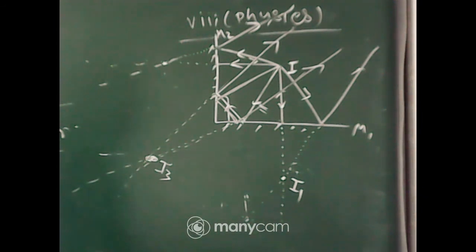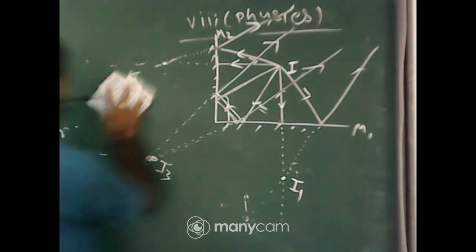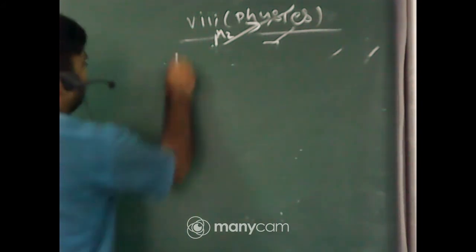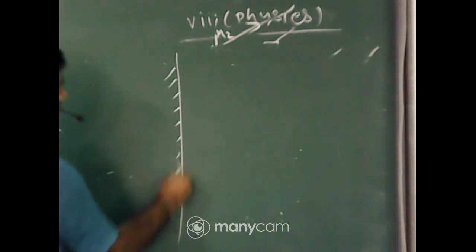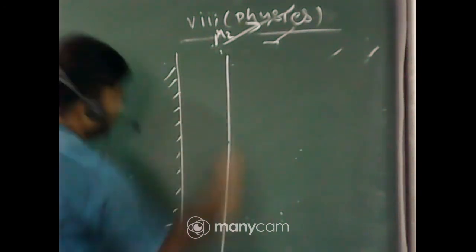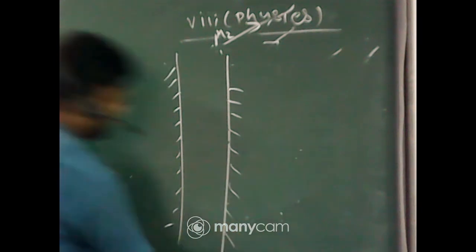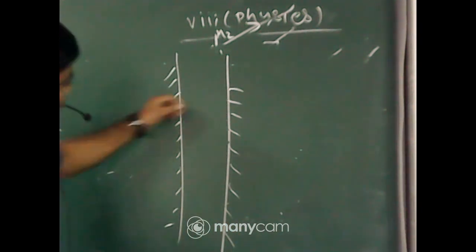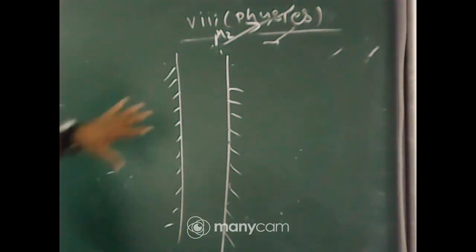Now the second case, a very interesting case: when the two mirrors are parallel. How many images will we get when two mirrors are parallel?